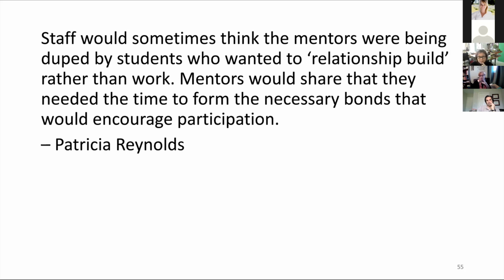So troubleshooting was a big part of the role, and that involved talking with all of the people involved, mentors, teaching staff, and mediating some of those perceptions about what was going on and setting priorities, as well as giving some really good training and support to mentors, because the students were dealing with all kinds of very hard-hitting issues that were affecting their schooling.